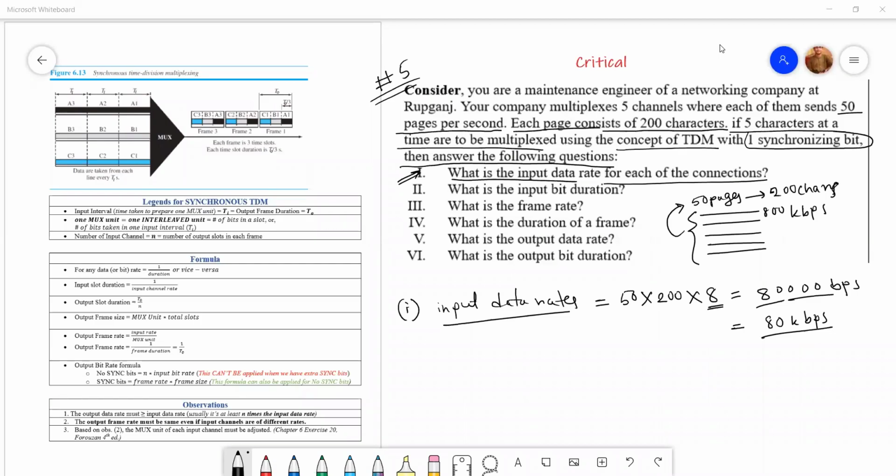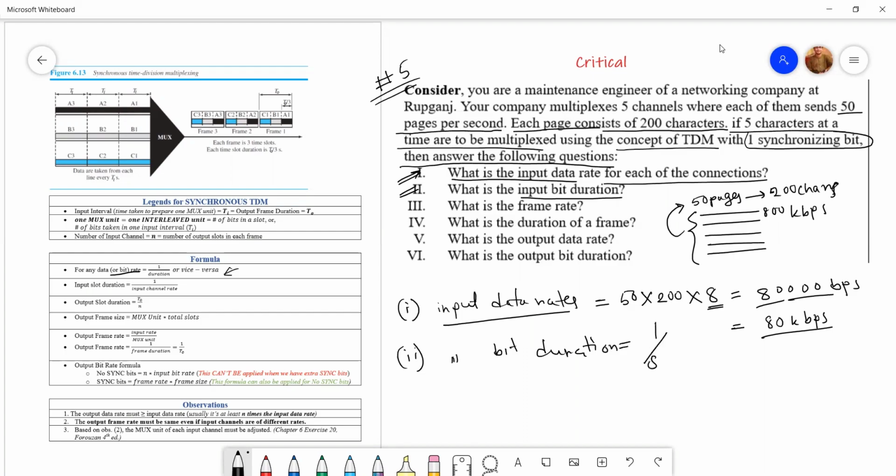Then let us find the second one. The second one asks what is your input bit duration. This is an easier one. We know that for any kind of data rate, the input data rate is the inverse of the duration, and vice versa. So now we know the input rate, so the input bit duration will simply be the reverse of this.